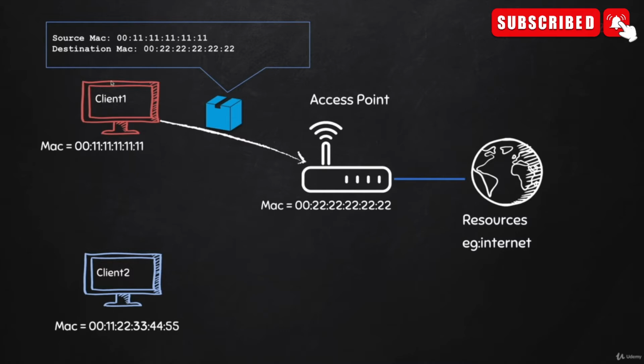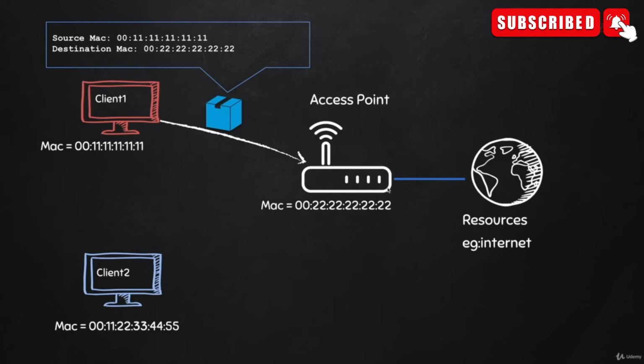If this client wanted to send a packet to the router, it will set the destination MAC to the router's MAC address. Therefore, by default, each device only receives data that has the destination MAC as its own MAC address.